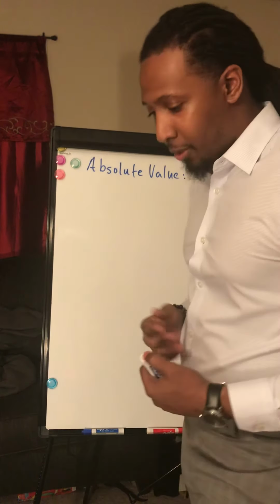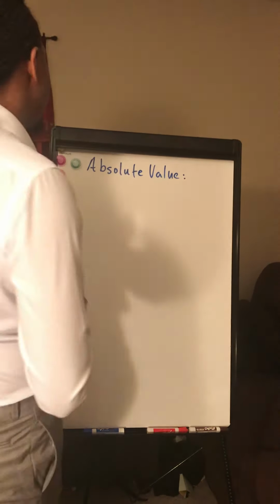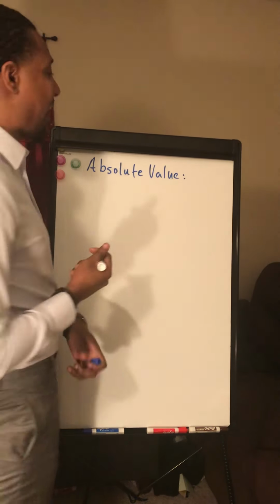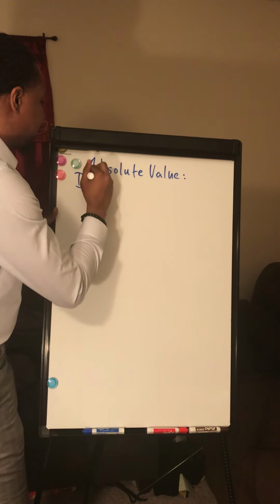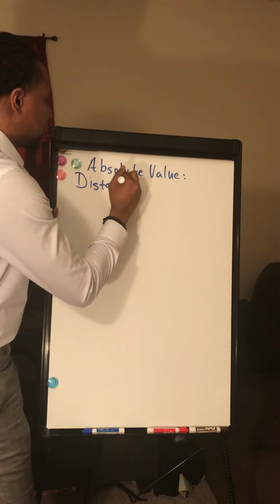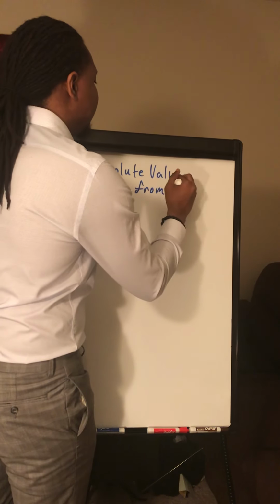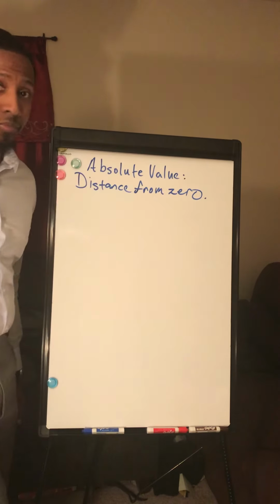So, absolute value. Just like any other mathematical concept, what we want to do is start with a definition. The very most basic definition of absolute value is what we call the distance from 0.